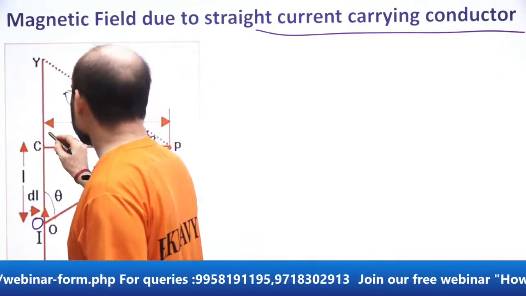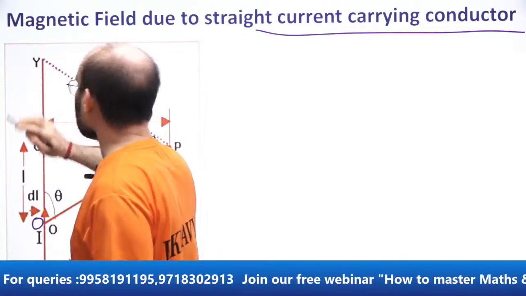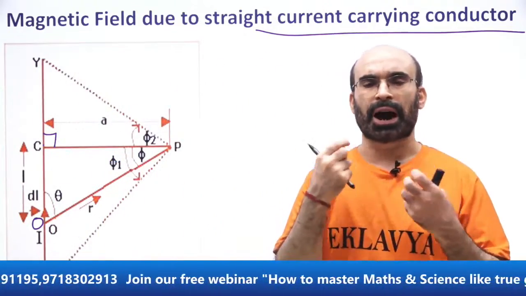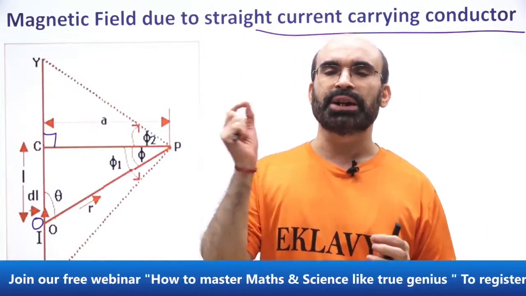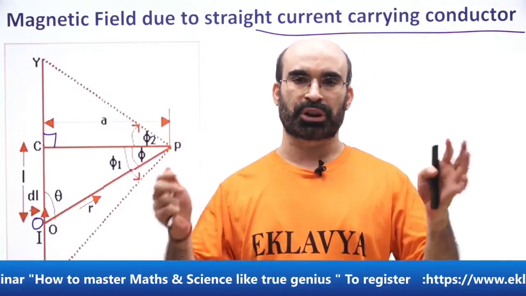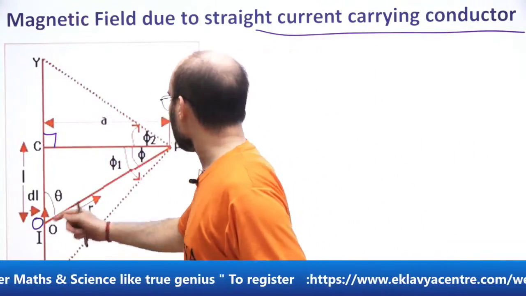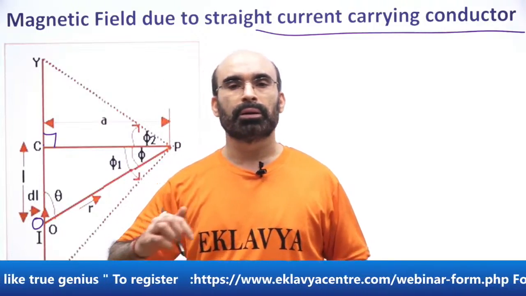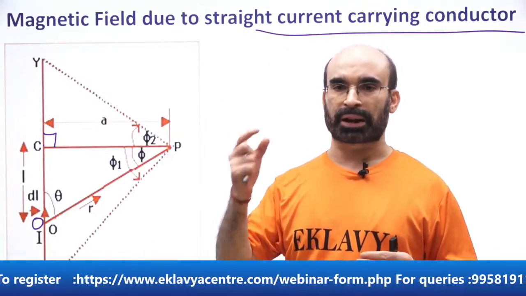What we have done is drawn a perpendicular. First of all, ask yourself, where do we need to find the magnetic field from the straight conductor? This is the conductor and this is the point where we are interested in finding the magnetic field.